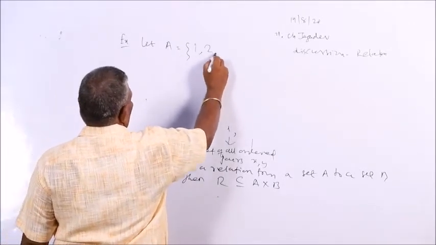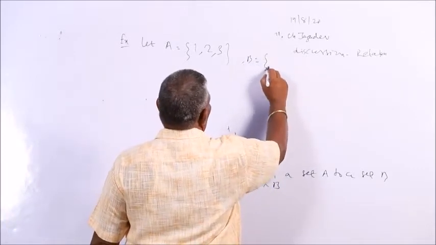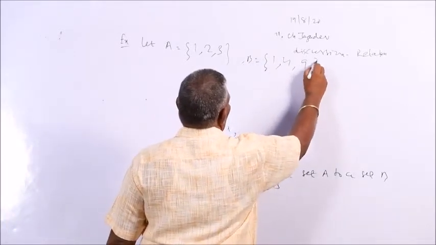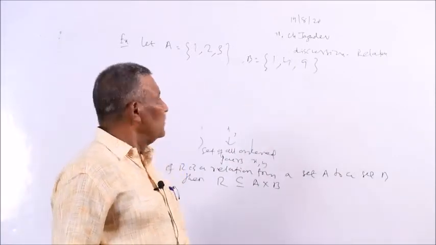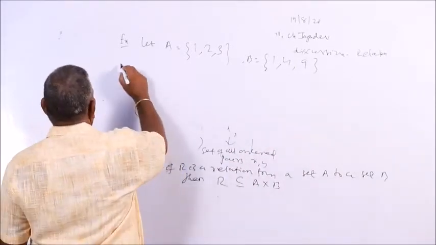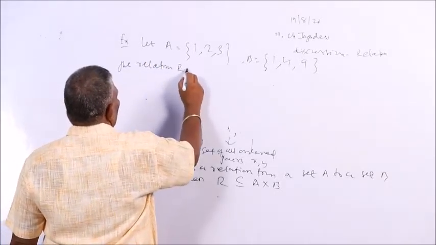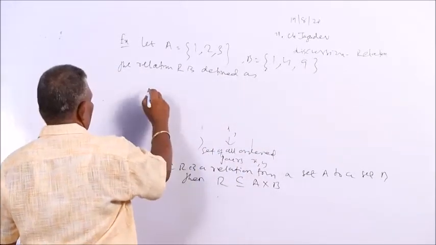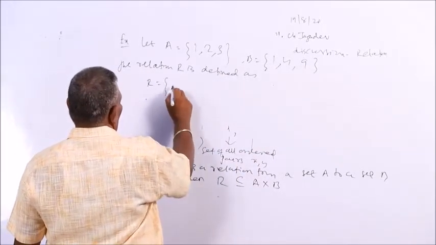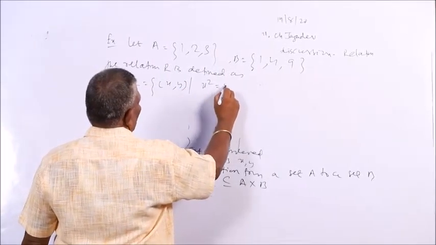Let us define with an example. Let A have elements 1, 2, 3, B have elements 1, 4, 9. Let there exist a relation between the elements of A and B, that is, relation R is defined as the set of all ordered pairs xy such that x square equals y.